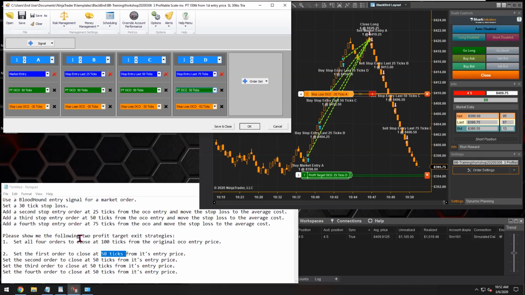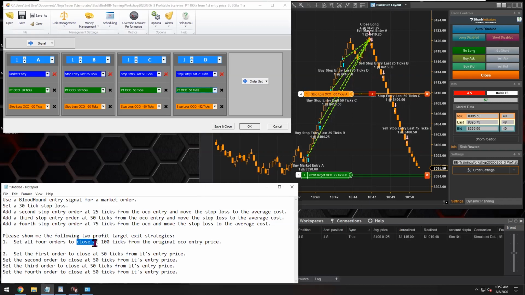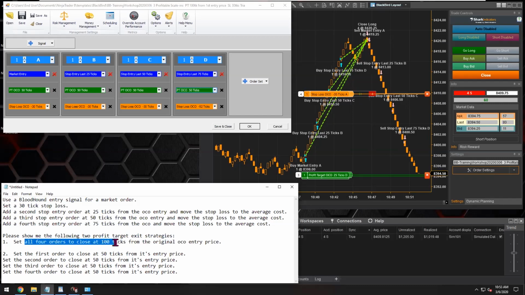Let me reiterate for those people watching this video months from now: when we get to update 15, we'll have the ability to set all of these profit targets to match each other exactly.